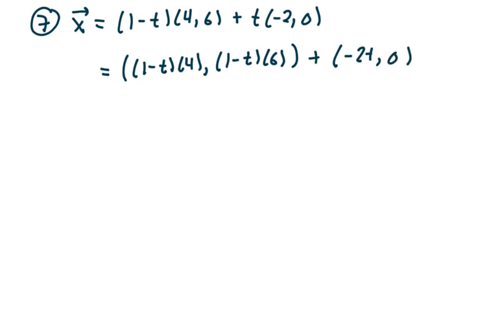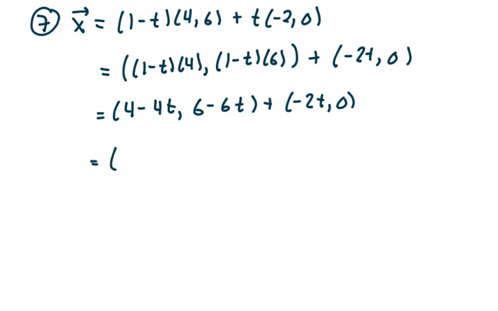Okay? Now, we can go further than that. Now, we can write this as (4 minus 4t, 6 minus 6t) plus (negative 2t, 0).